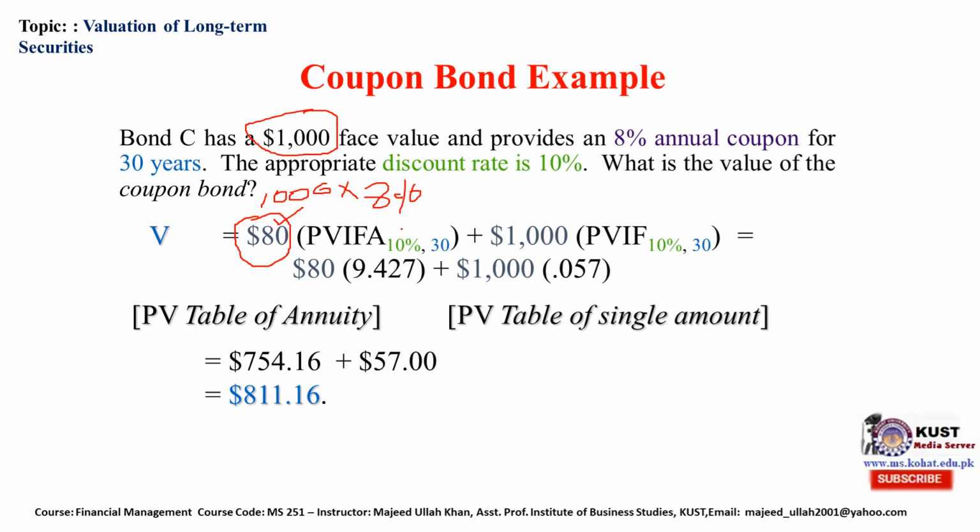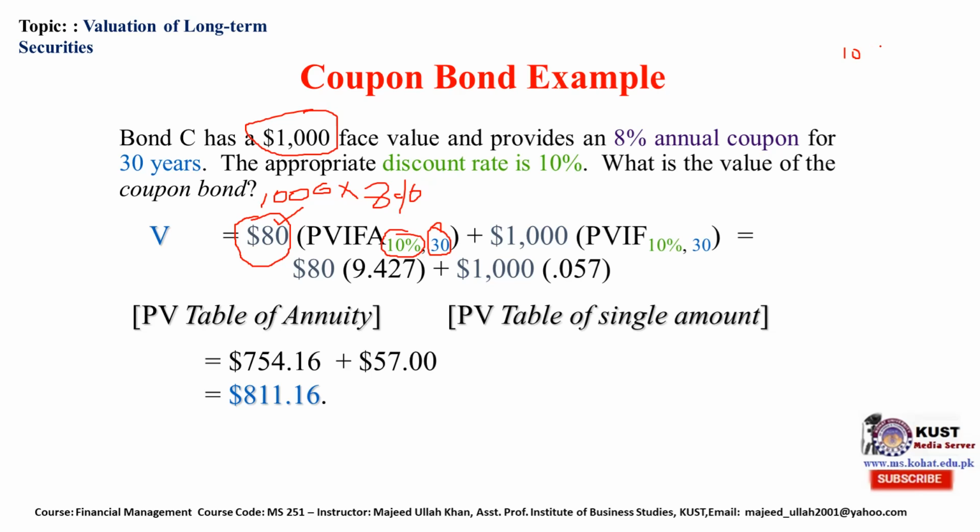We will use the present value table. So for this amount, we will look at 10%, which is our discount rate, and below it, in the 30-year row. So this is 10% in the table.